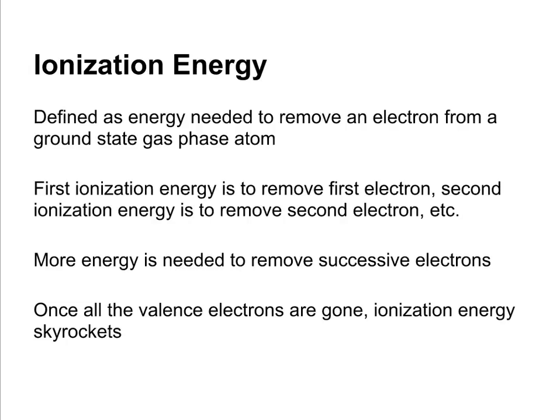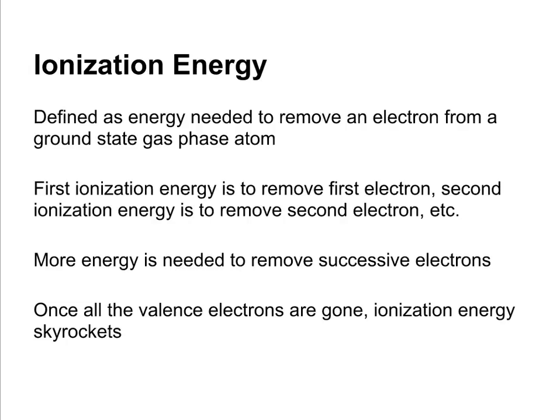So you can go way up on the amount of ionization energy, and it's going to be a different amount for each electron that you're trying to remove. More energy is needed to remove successive electrons, so it gets harder to remove electrons once you've started. And once all the valence electrons are gone, there's going to be a big jump in ionization energy.